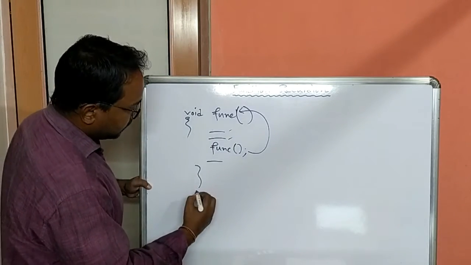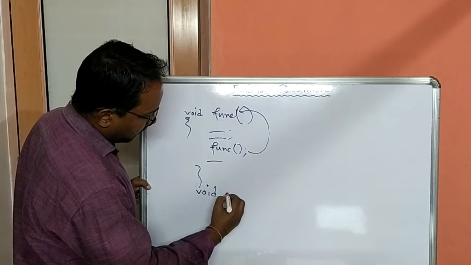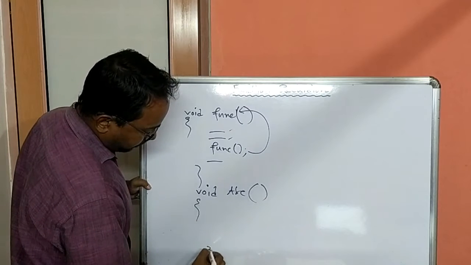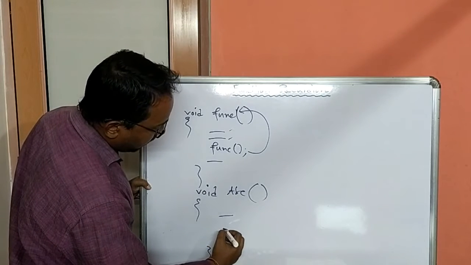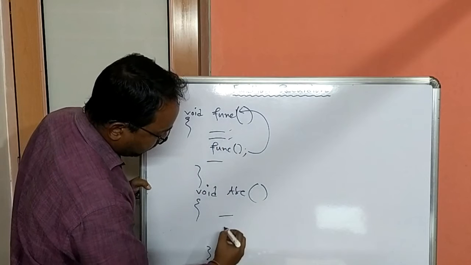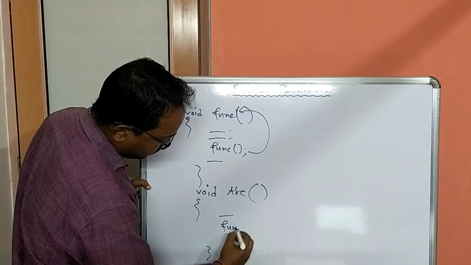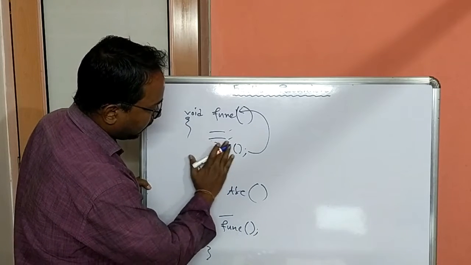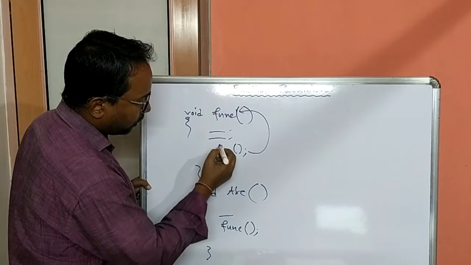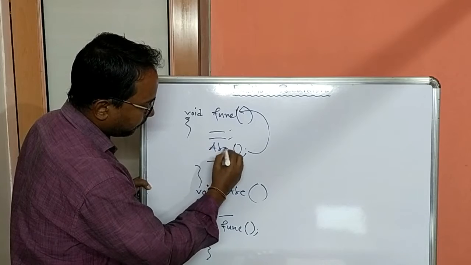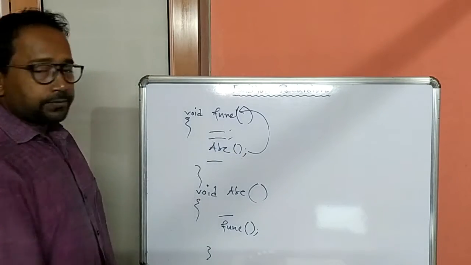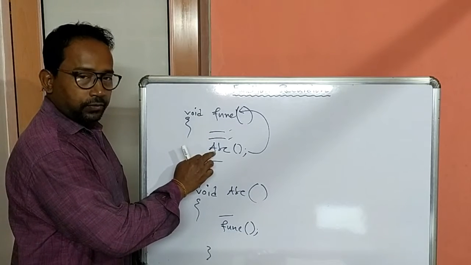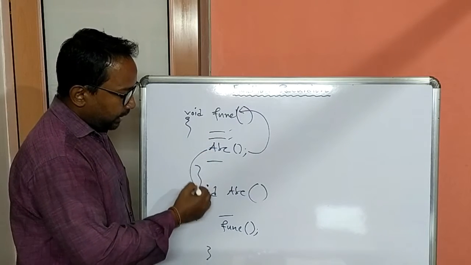And indirect recursion is this. Like here one more function is there called ABC. And in this function one line is there and one call statement to call this function. And here in this function we have one call statement for this function. So that means when this function executes, first this line will execute, then for the execution of this statement, control will come here.